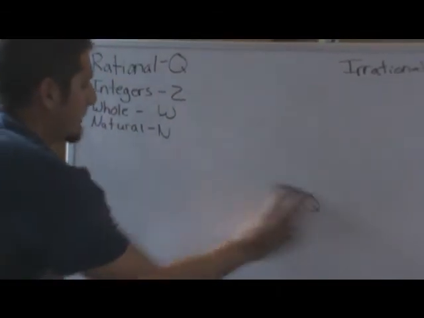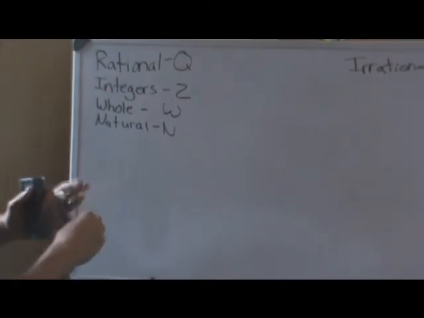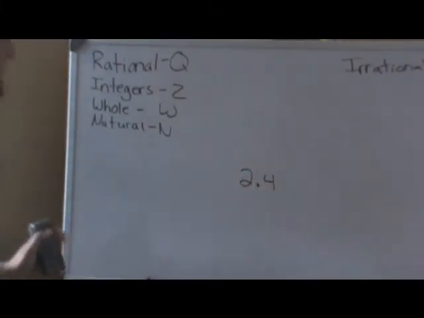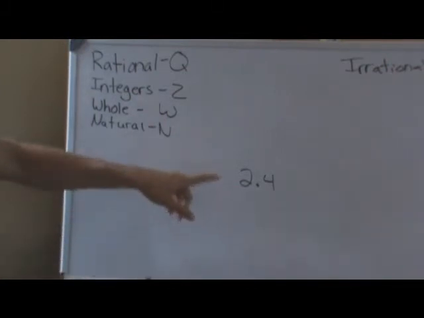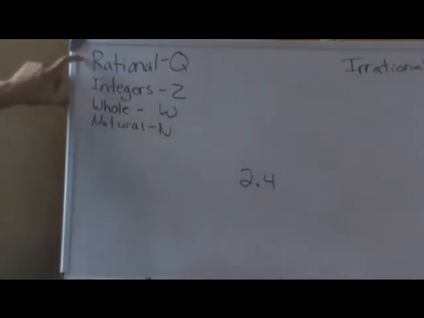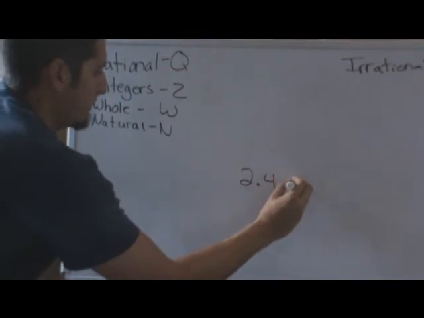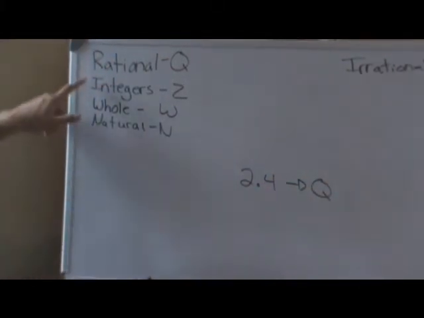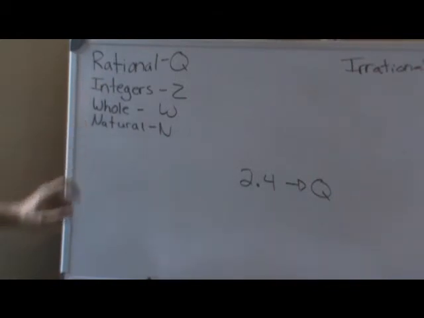If I had 2.4, for example, I would only include this in the rational numbers group, because, as I just said, integers, whole numbers, and natural numbers don't include decimals.